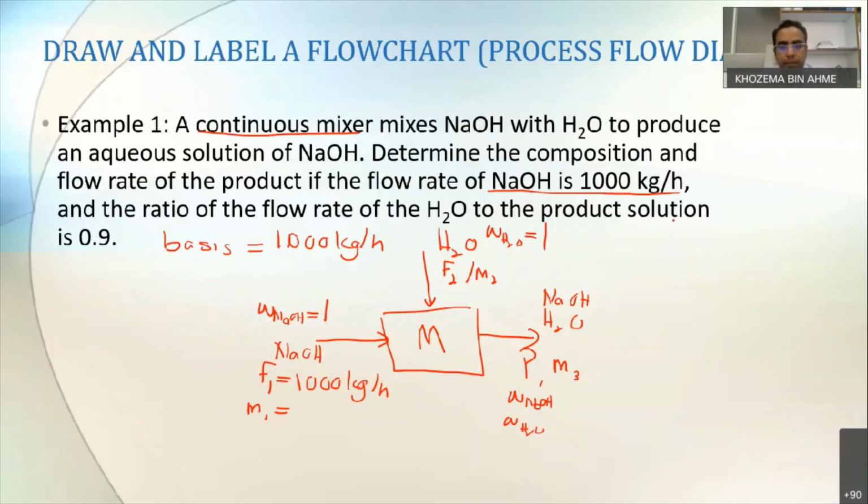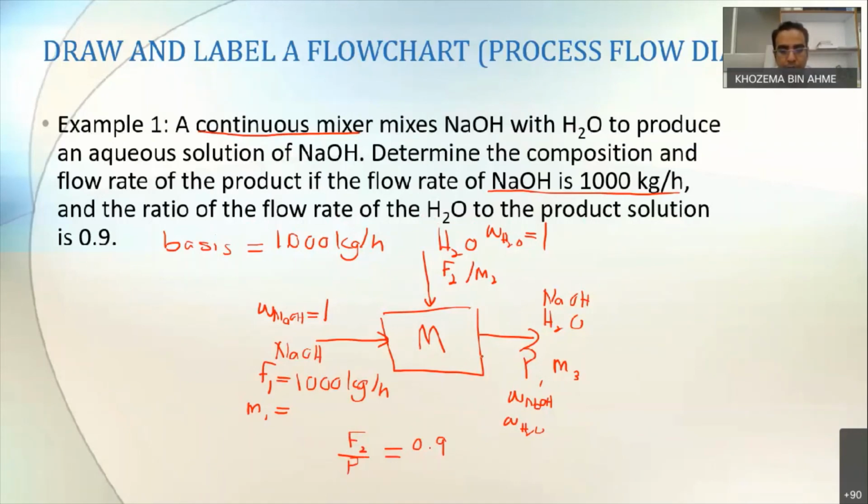Then it says that the ratio of the flow rate of H2O to the product solution is 0.9. So I can also write at the bottom the ratio between the flow rate of H2O and the product: F2 over P is equal to 0.9. This is the meaning of any relationship you have here.